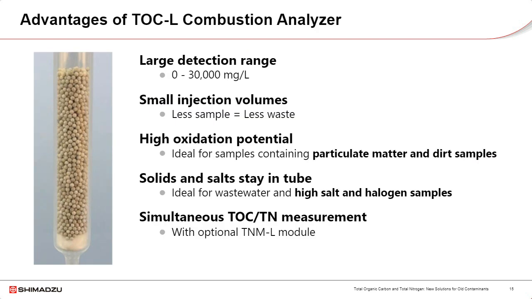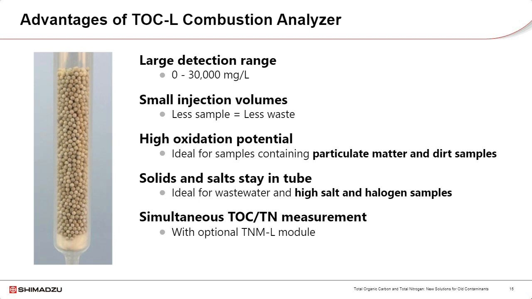The instrument, because it's a combustion analyzer, offers a very large detection range. We can detect carbon up to 30,000 milligrams per liter. Also, one of the big advantages of the combustion analyzer is it does not require very large injection volume. A typical injection volume is anywhere from 50 to probably 200 microliters.